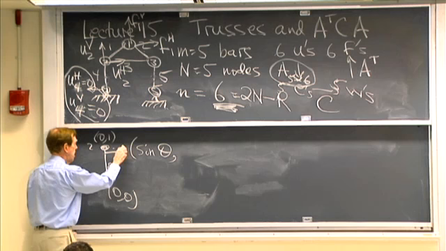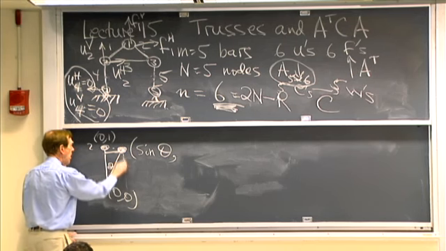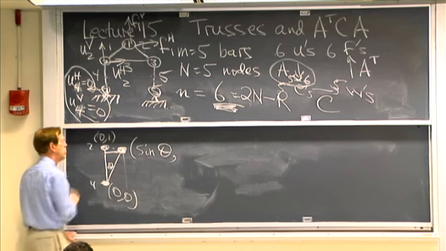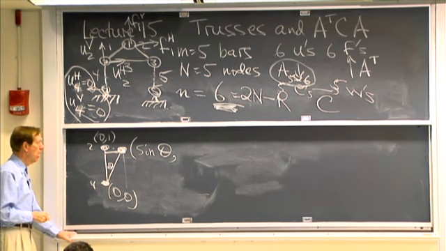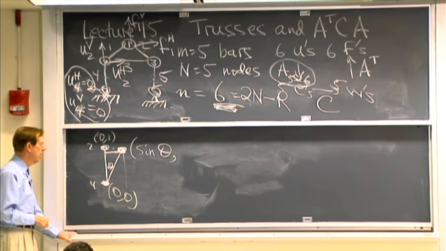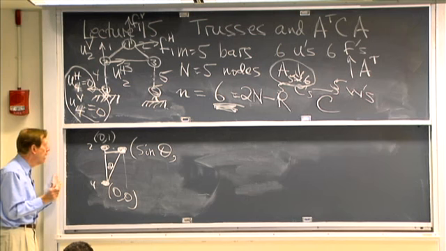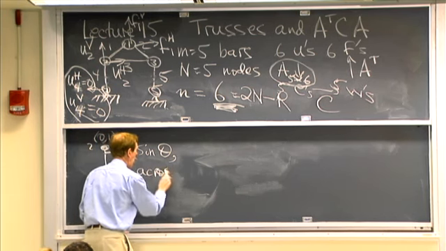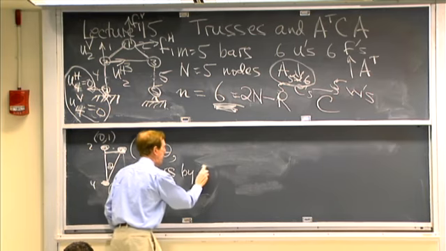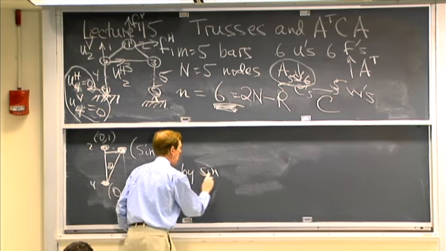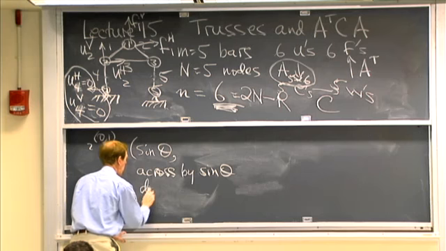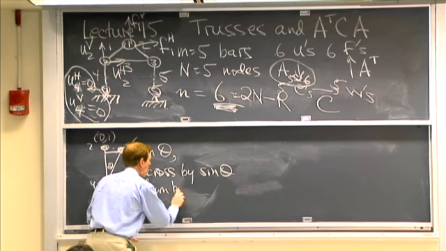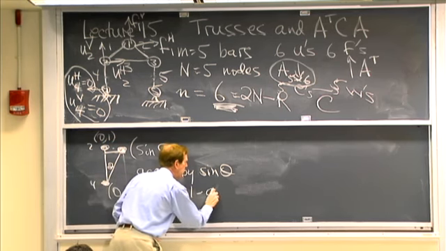So what's the vertical new position for that guy? I guess it moved across by sine theta and down by 1 minus cosine theta.